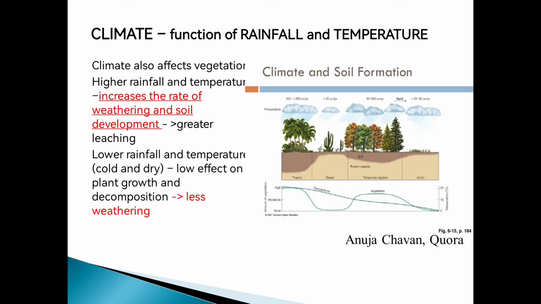And then, lower rainfall and temperature, pag hindi masyadong maulan at saka malamig, cold and dry, it has low effect on plant growth and decomposition, so there will be less weathering that can be expected in the area. So that is why the effect of climate to soil formation is very important.